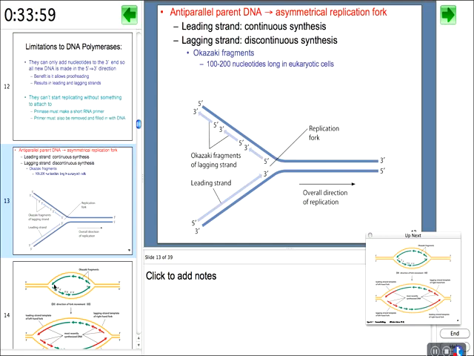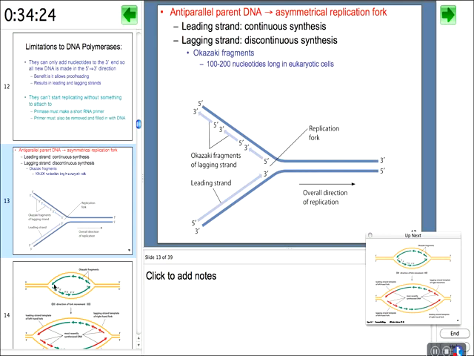So instead, what happens is, as that strand opens up, DNA polymerase will attach, make a short piece of DNA. Then as the strand opens a little bit more, it will attach, make another short piece. As it opens some more, it makes another short piece. So it makes the DNA in these discontinuous segments, these short segments called Okazaki fragments, after the guy who discovered them.